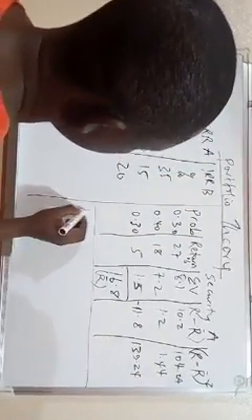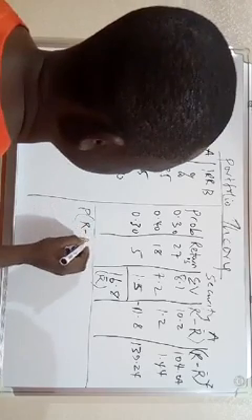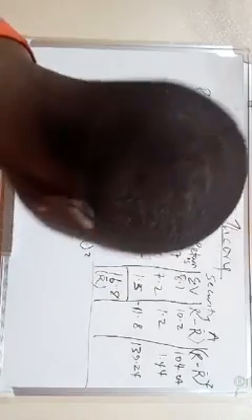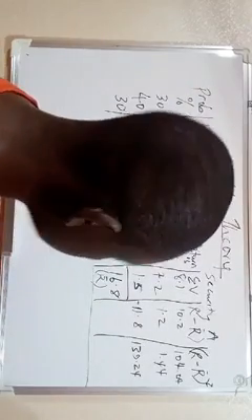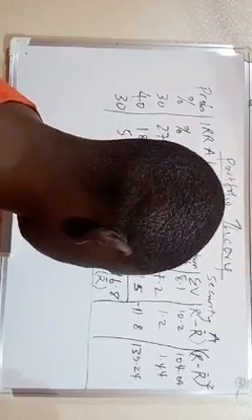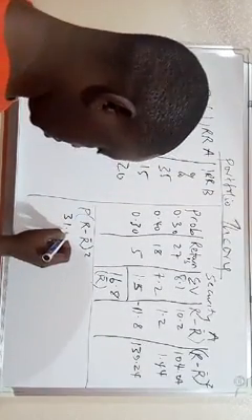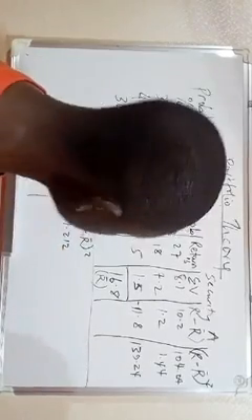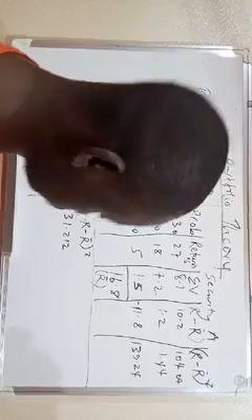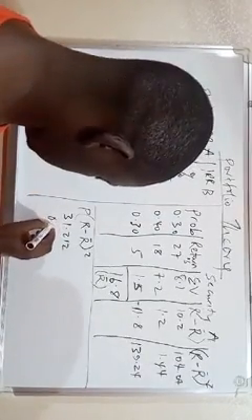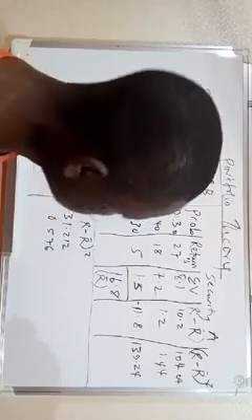So having done that, you will multiply the probability with what you got here. Thirty-one point 212. One 39 times 24.